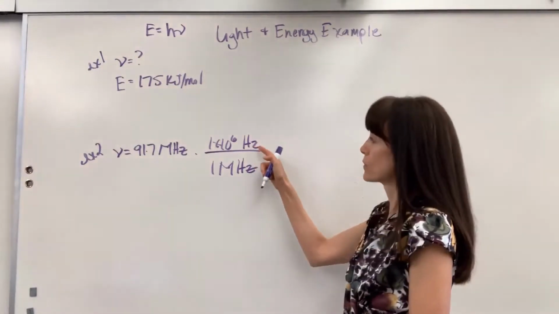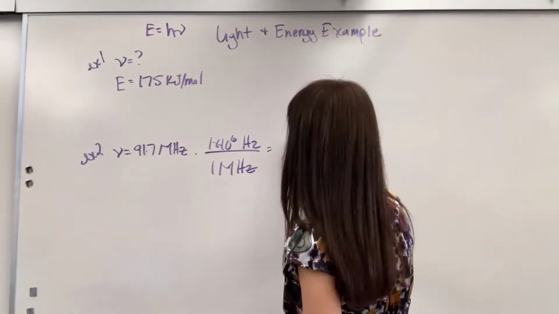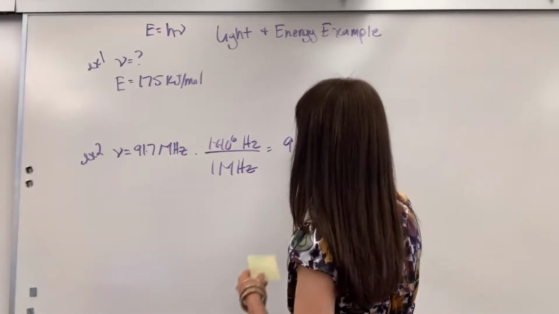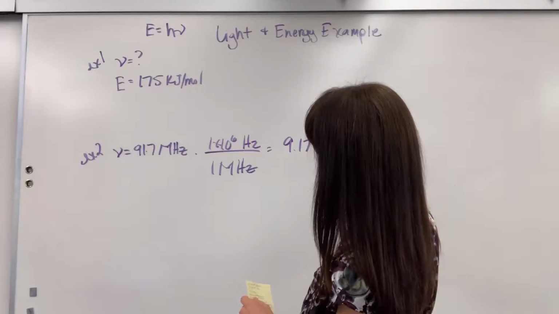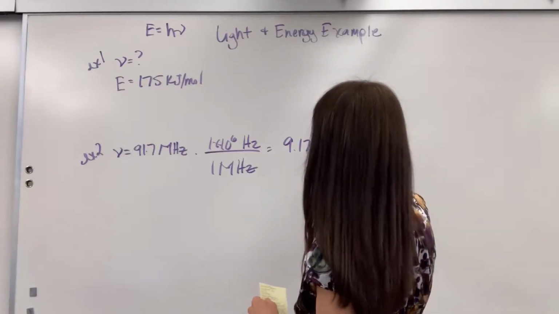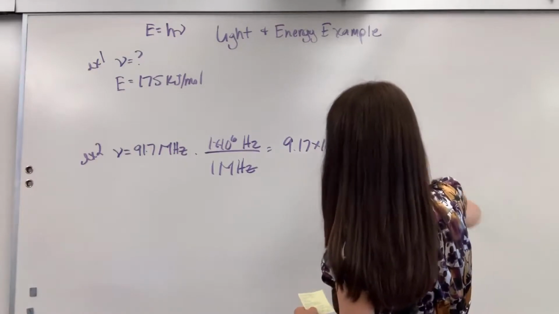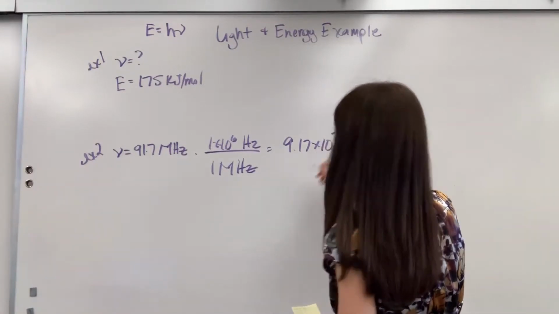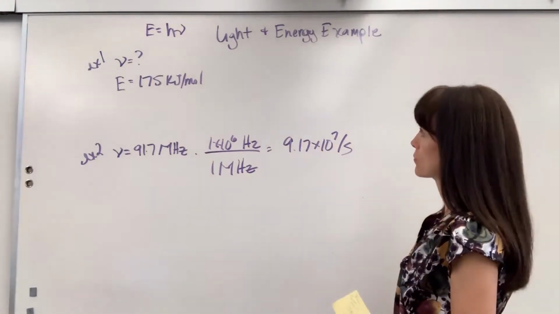And then once I have hertz, I'm just going to replace that with our per second. So we will have a 9.17 times 10 to the 7 hertz. And I'm going to go ahead and just erase that and put per second. Now we can use our formula.